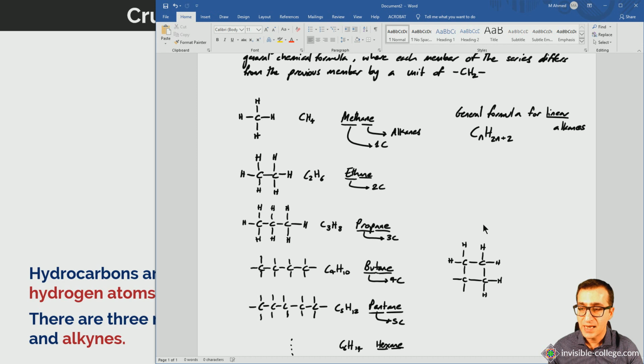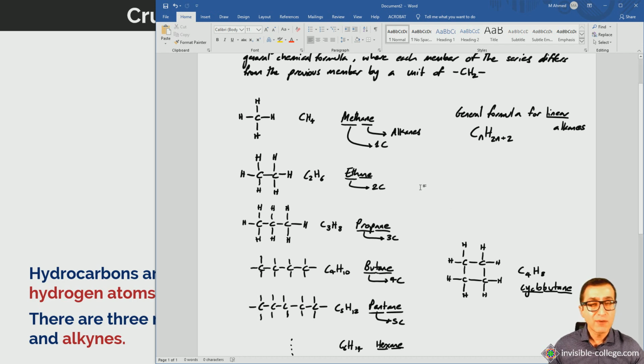Now, as you'll notice, this cyclical version of butane actually has a different molecular formula. We have C4H8. So this is referred to as cyclobutane. It's an alkane, it's 4 carbons, and it's cyclical.